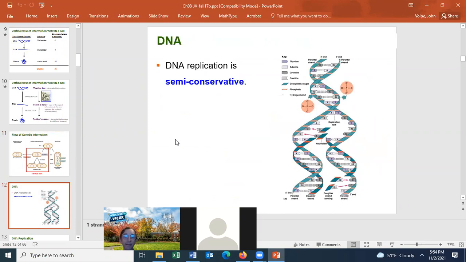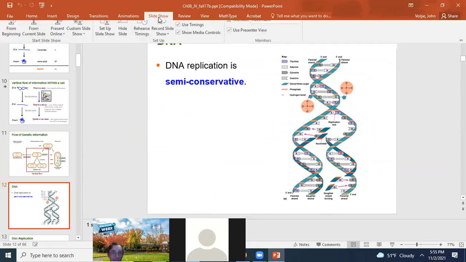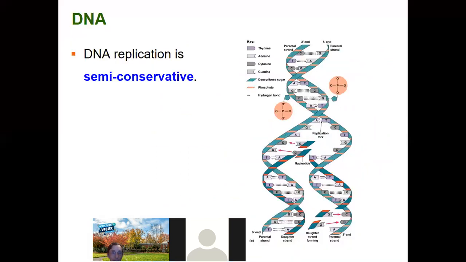What happens is the DNA replicates, and when DNA replicates, it is semi-conservative. Let me blow this up. What we do is we separate the 2 strands of DNA and then use one strand as a template to make the new strand.